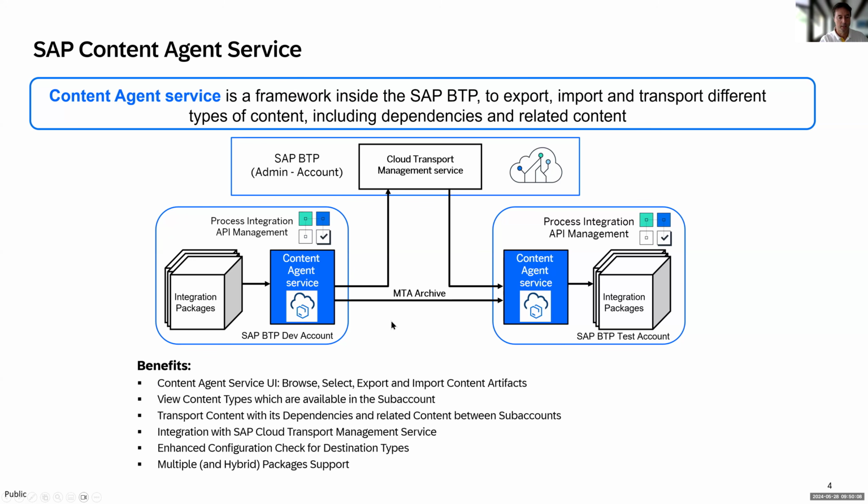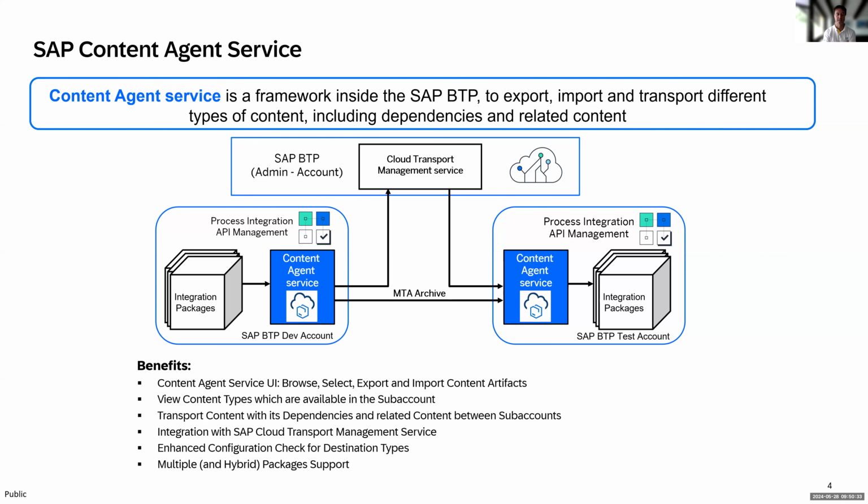So, as I said, the benefits are you can browse, select, export, and import content artifacts. You can view what content types are available in the subaccount. You can make sure that dependencies and related content are securely transported between these subaccounts.